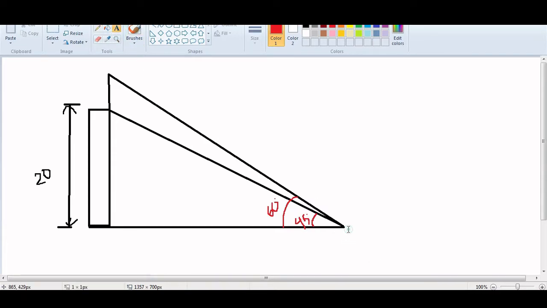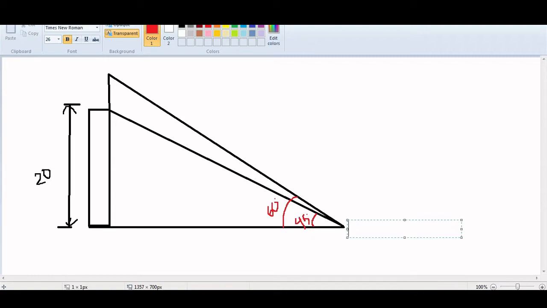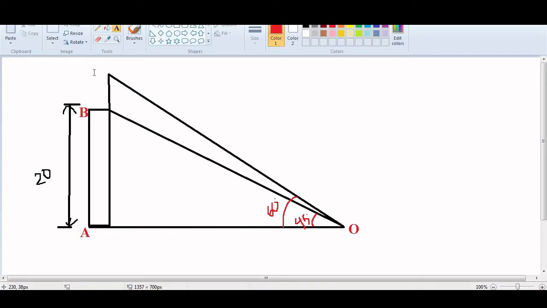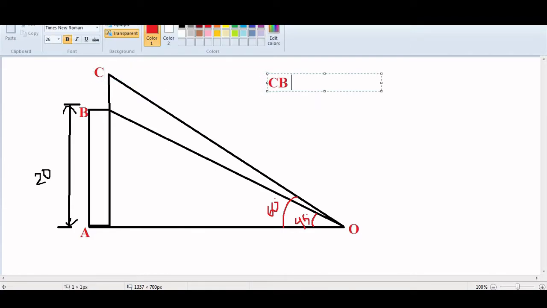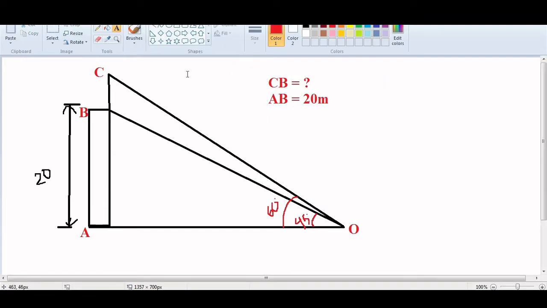So let's mark the points. So it's given that we have to find the CB, that is the height of the flag post.